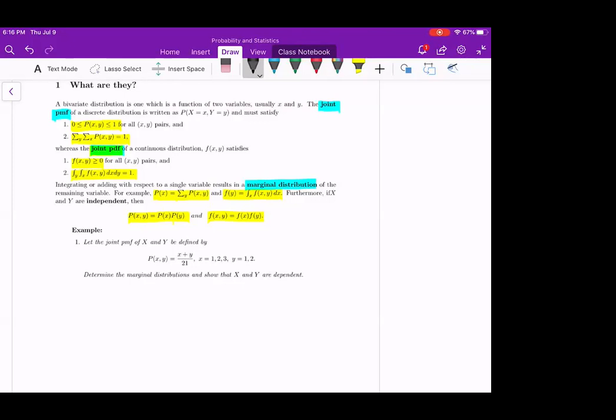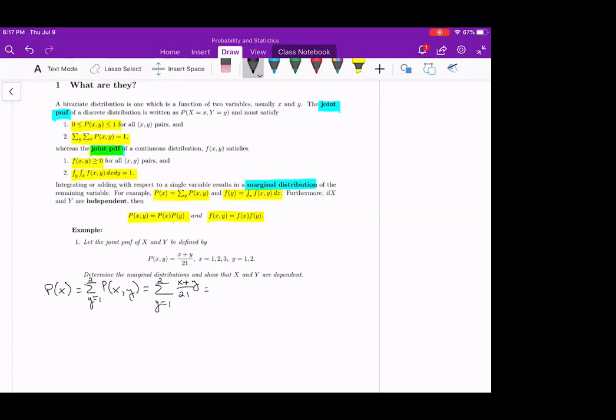To get the marginal distribution of X, so we want P of X, that means we need to sum out all of Y. And Y goes from 1 up to 2. So we are summing across Y. And our joint distribution is X plus Y over 21.